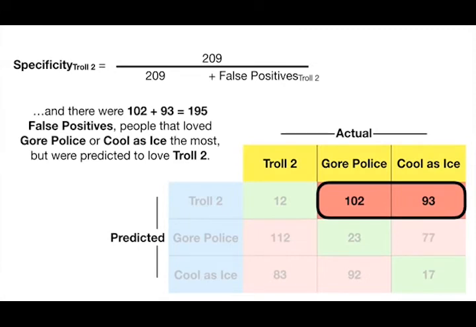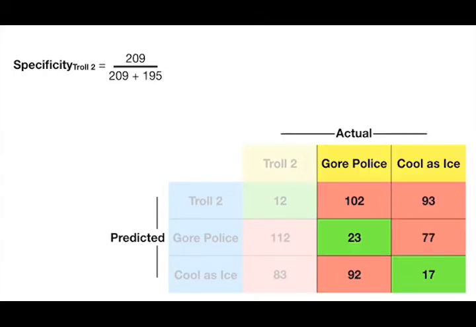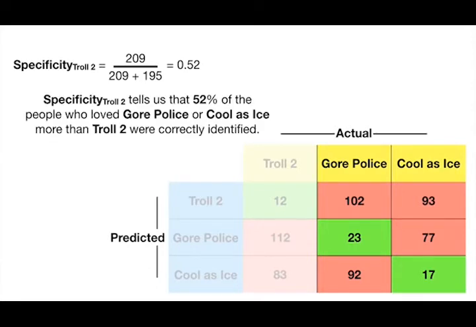And there were 102 plus 93 equals 195 false positives, people that loved Gore Police or Cool as Ice the most, but were predicted to love Troll 2. So for false positives, we'll plug in 195. And when we do the math, we get 0.52. Specificity for Troll 2 tells us that 52% of the people who loved Gore Police or Cool as Ice more than Troll 2 were correctly identified.